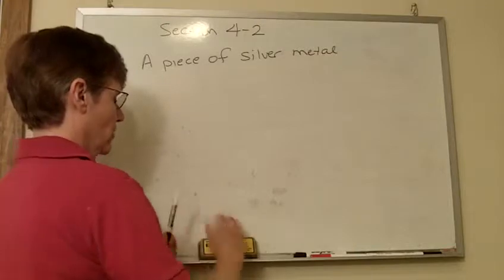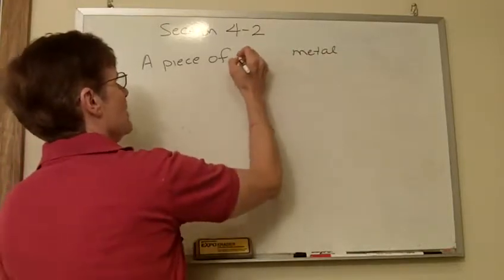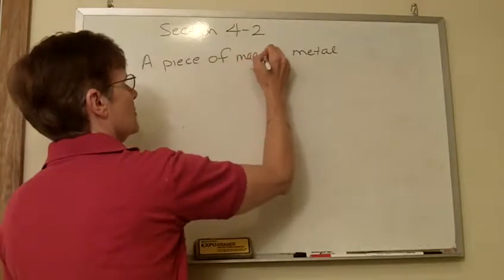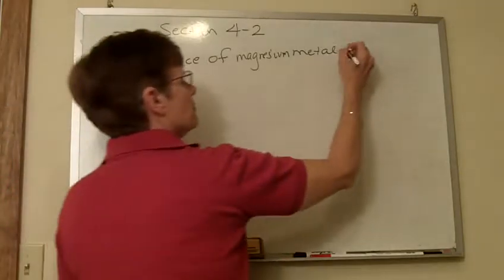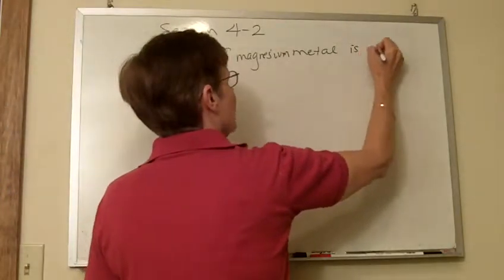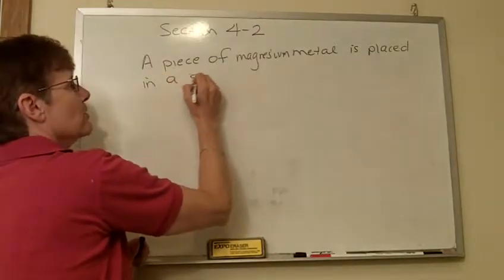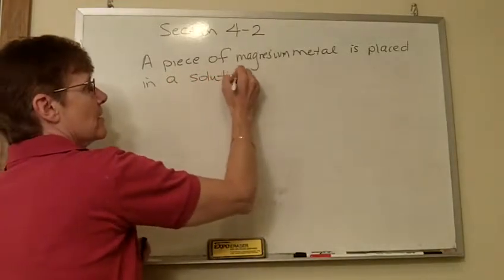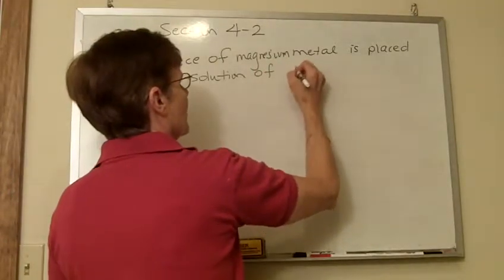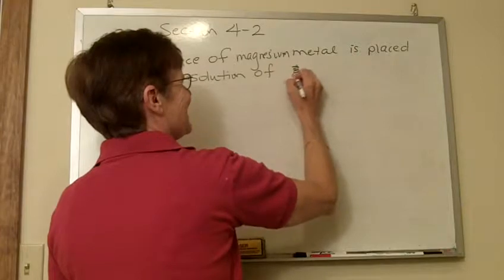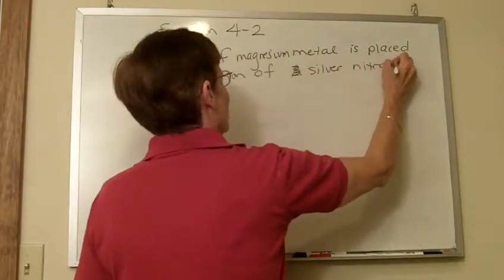No, actually, if we do that, we won't get any reaction. Let's change that. Magnesium metal. A piece of magnesium metal is placed in a solution of, and now we can use silver nitrate. Whoops, I almost wrote the symbol. Silver nitrate.